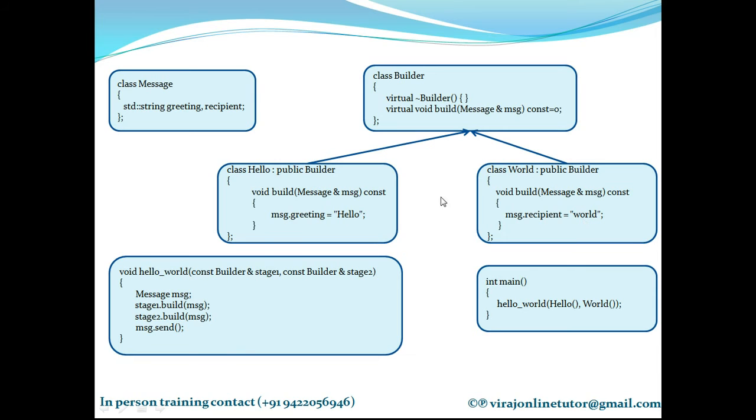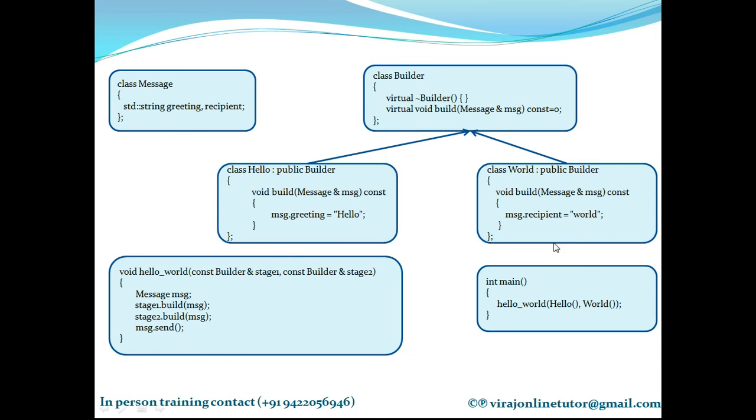So what did I do here? In the build function of hello, I am setting the greeting component of message to hello, and here I am setting the recipient component to world. So this message was a complex object to us. I broke down the complex object message into two small parts, greeting and recipient. In one concrete builder, I am setting a value to greeting.